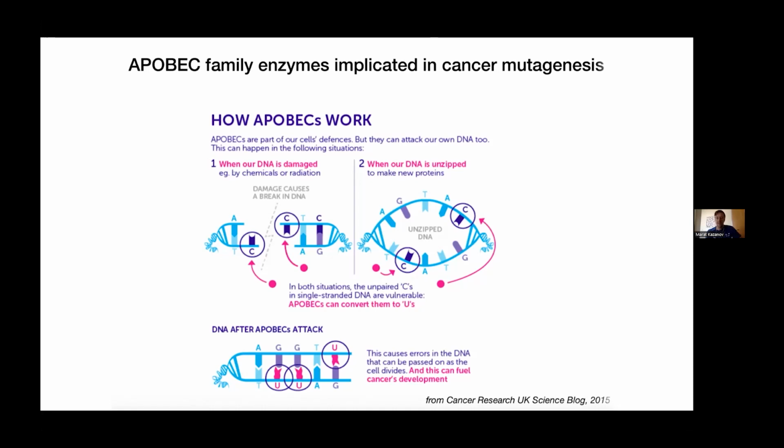But as researchers found these mutations in human double-stranded DNA, there is an opinion that in some processes, human double-stranded DNA can unwind or double-stranded breaks can occur, and in that moment, Apobec can bind to the single-stranded DNA and mutate it.